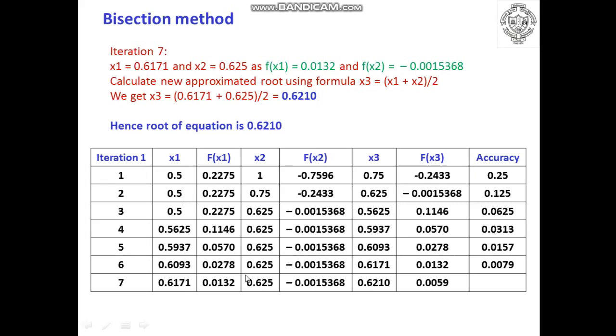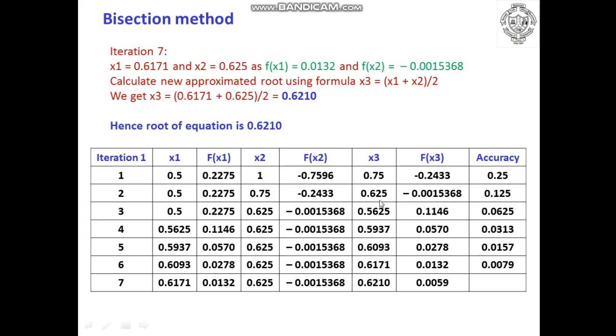The x2 value has been replaced with the value of x3, which is 0.75, and again we find the midpoint between these 2 points. The midpoint between x1 and x2, 0.5 and 0.75, is 0.625 and the corresponding function is negative. Again the signs of f of x2 and f of x3 are the same, so you have to replace x2 with x3.